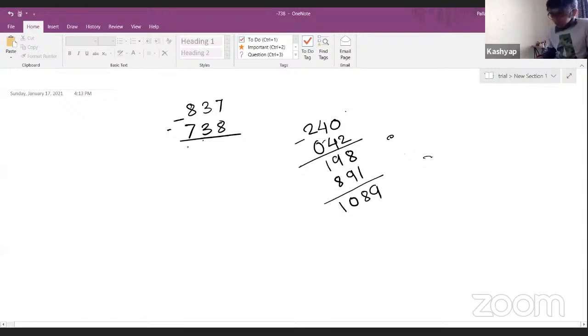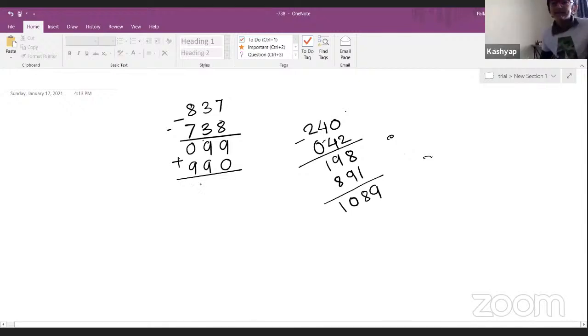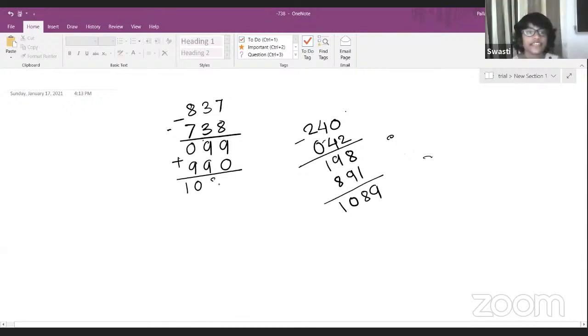So let us work it out. 738 minus 837 gives 99. So now we have to add 10 to the left if we get a 2-digit number. When we reverse, we get 990, and then we get again 1089. That's a very nice doubt question. Thank you.